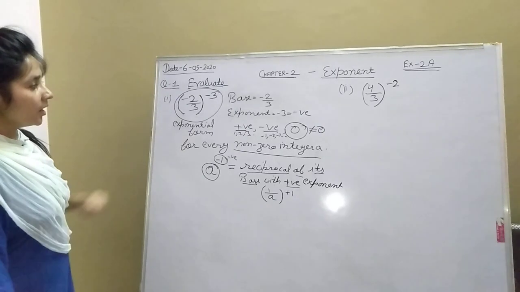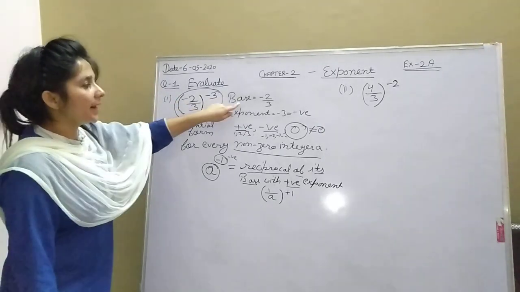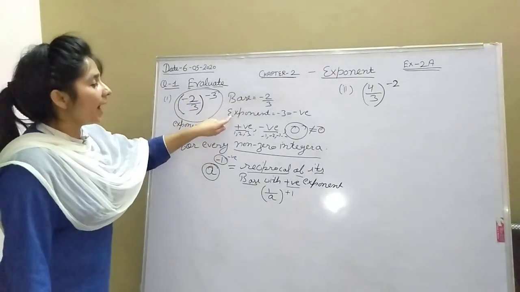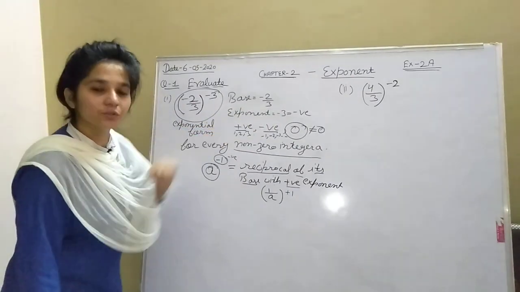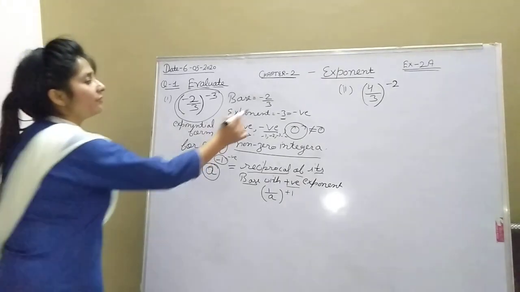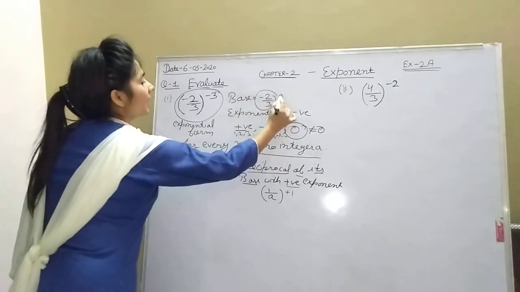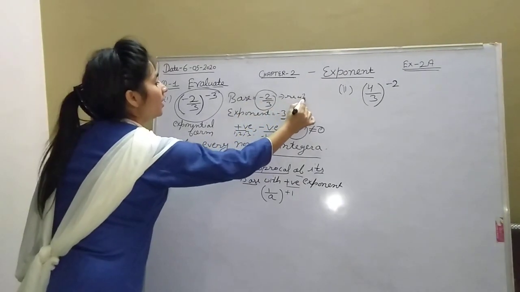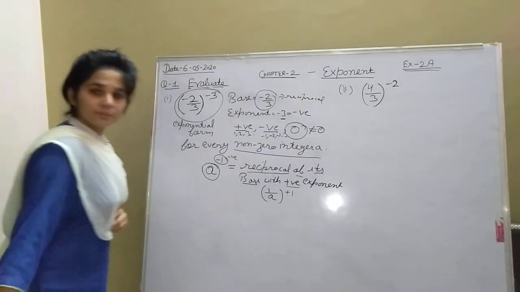Now coming to your question, your base is minus 2 by 3 and your exponent is minus 3, which is negative. Then we will take the reciprocal of the base.